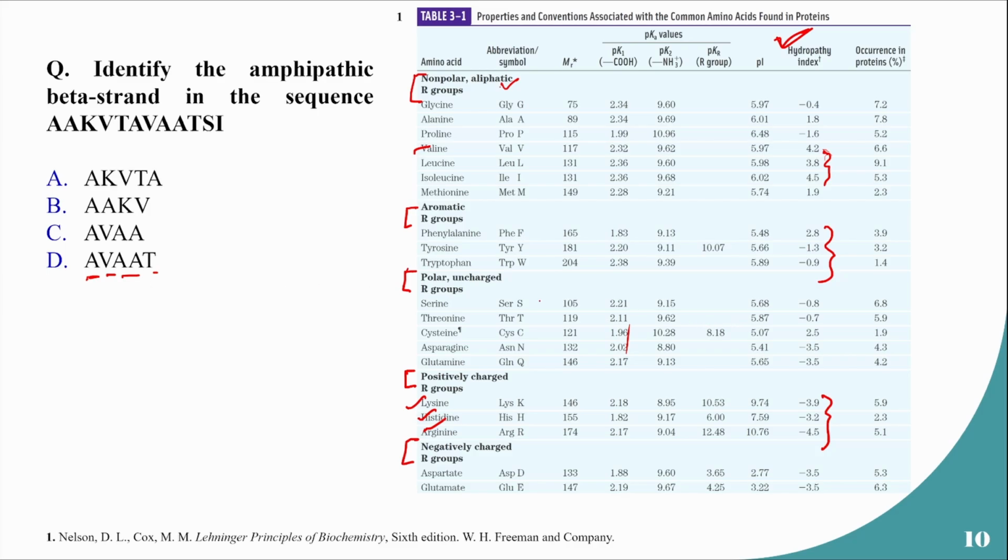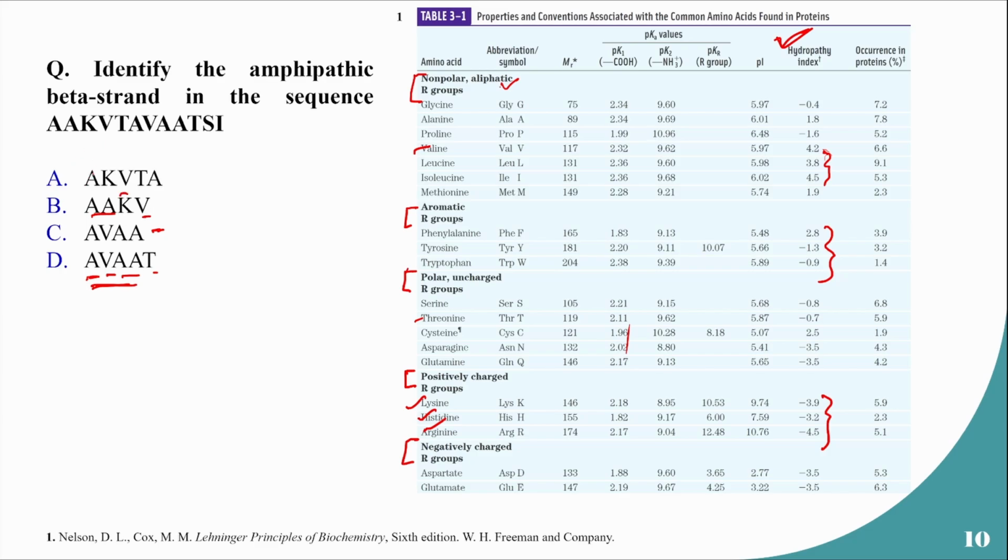Threonine has a slightly negative hydropathy index value and is a polar group. However, the four residues preceding threonine are all non-polar amino acids, right? So there is no such periodicity present here. Similarly, in this one you will see no periodicity of polarity. Here again, two non-polar residues are followed by a charged amino acid and another non-polar amino acid.